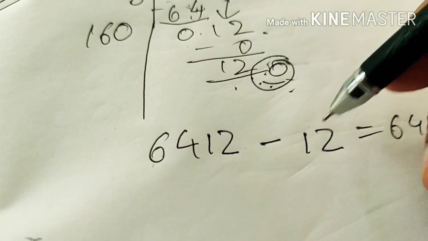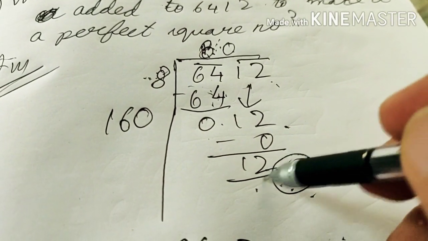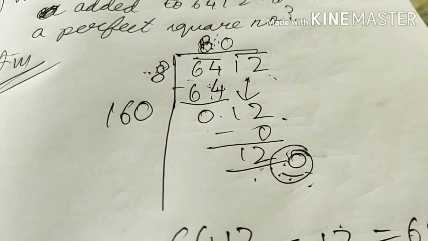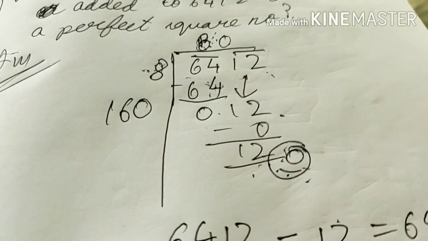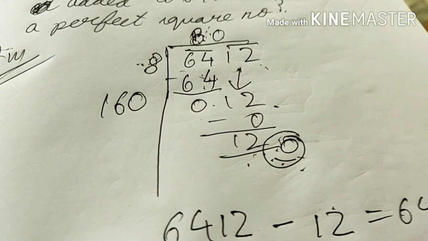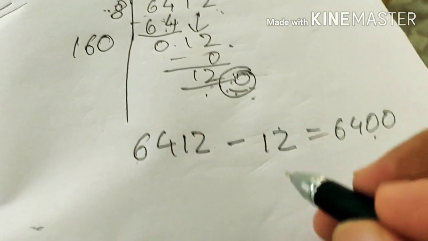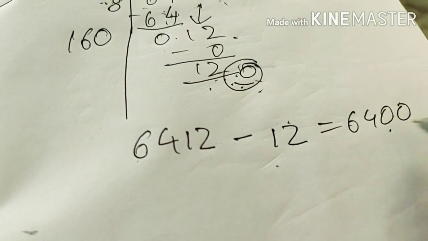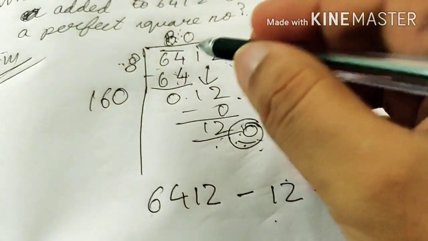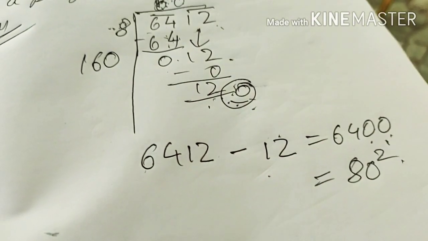So if we eliminate this 12, then we will get a number that forms a perfect square. If we subtract 12, we will get this, and this is a perfect square of 80. Got my point?